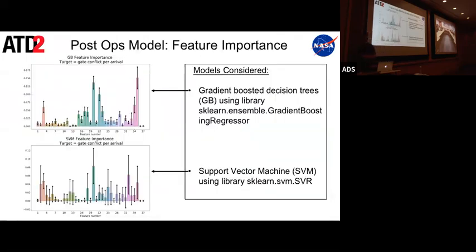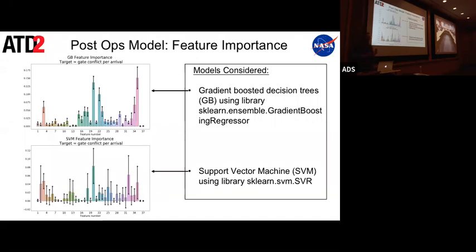The first thing is that we want to do some simple tests to figure out which features are useful, which aren't, and which we should keep. In our work here, we considered 2 different models. One was a gradient boosting model, using gradient boosted decision trees, and the other was a support vector machine. Both of these are regression models. On the left, for one of our targets, the gate conflicts divided by the number of arrivals, we're showing the importance of each of the 37 features that we considered.